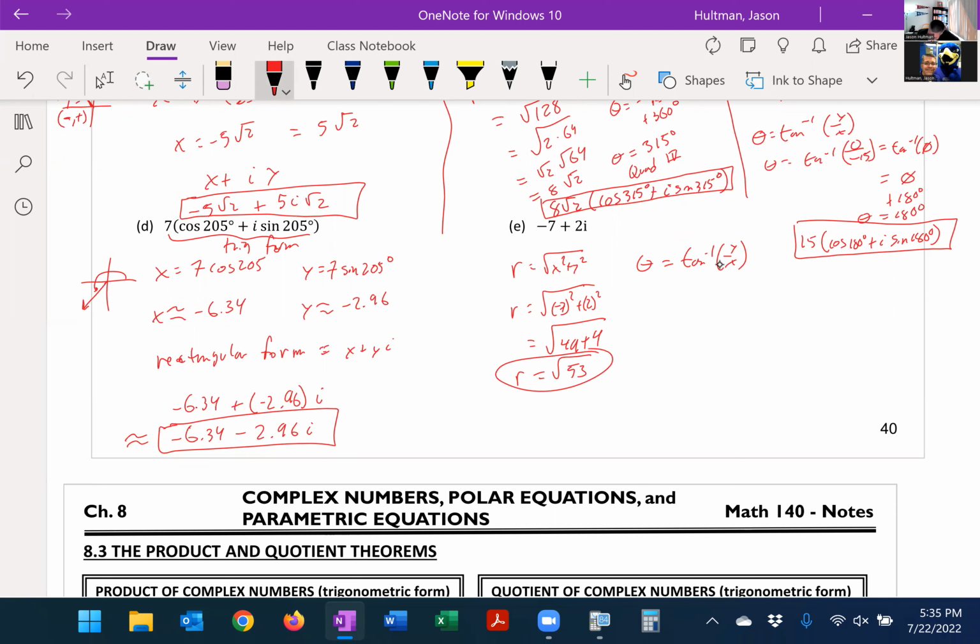What about theta here? Theta is going to be approximately the inverse tangent of 2, the y value, over the x value, negative 7. So what is that going to be when I plug it in my calculator?